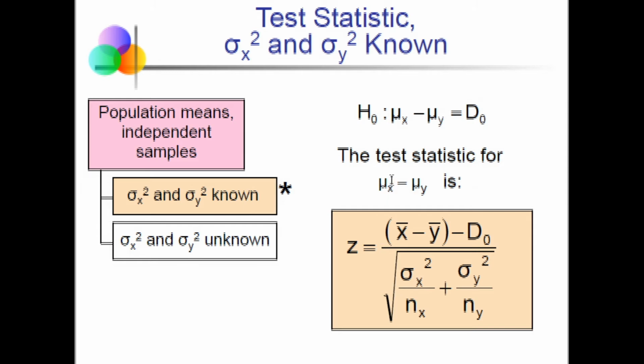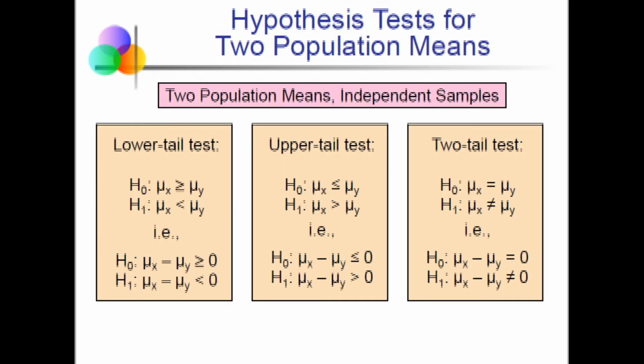So we can have a lower tail, upper tail, or two-tailed test. That shows the rejection regions for a lower tail, an upper tail, and a two-tailed test.